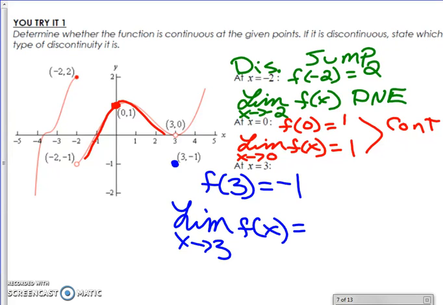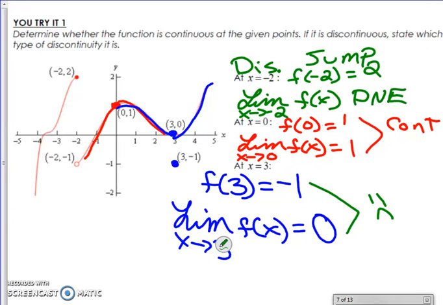When I approach 3 from the left, it looks like my y value is getting close to 0. When I approach 3 from the right, the y value is getting close to 0. So my limit is 0. So even though the limit exists, when I evaluated the function, I got negative 1, and the limit was 0. Those two things do not equal each other, right?